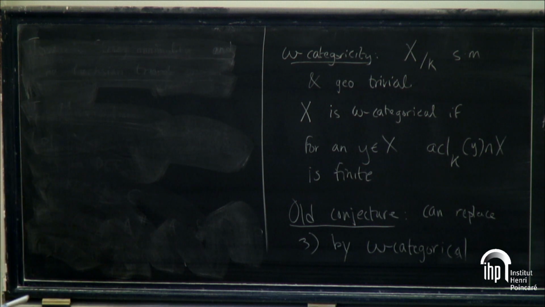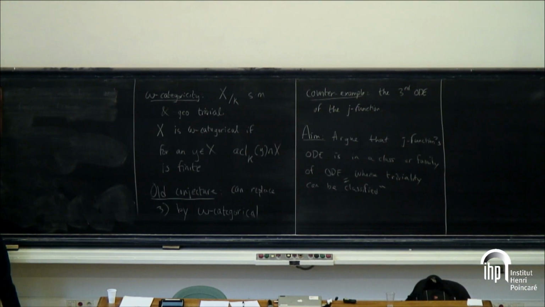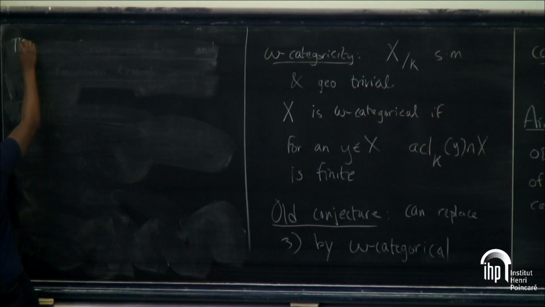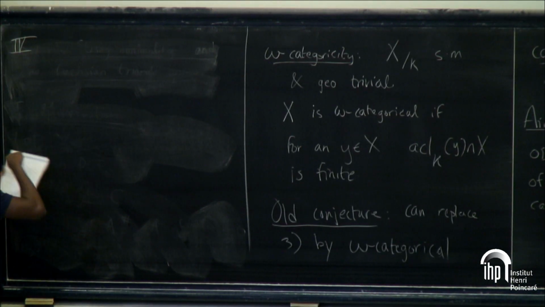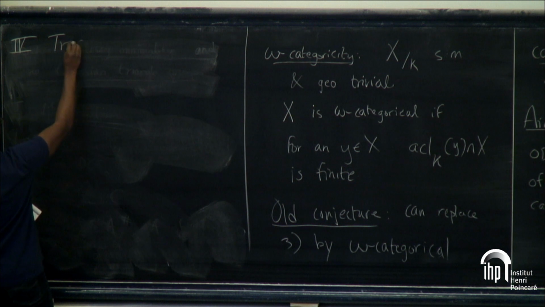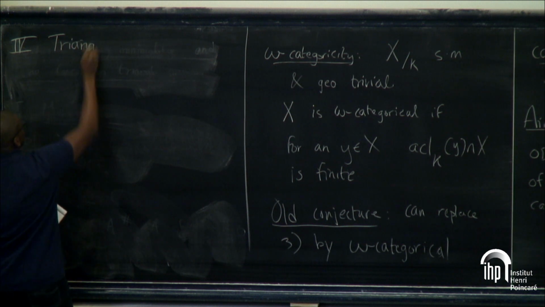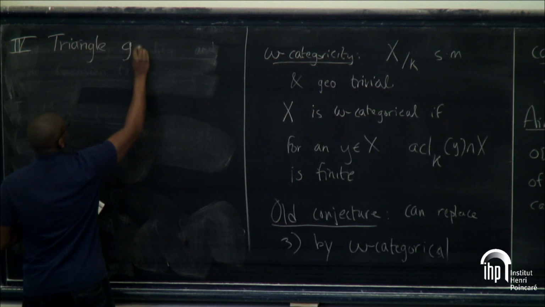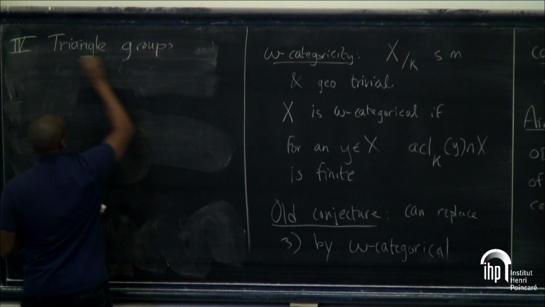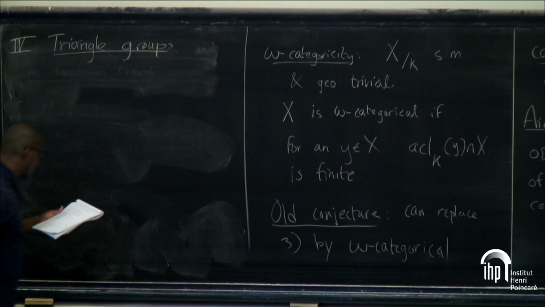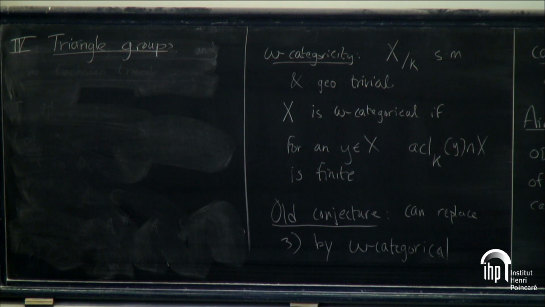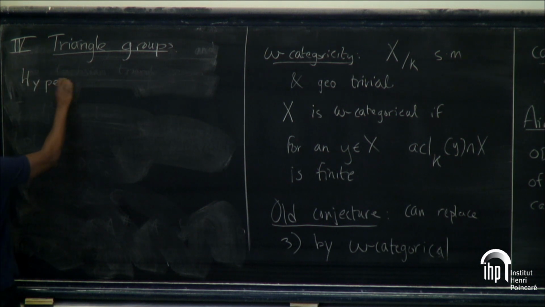All right, so now let's go about some results. So the third and the fourth and last part is about triangle groups. So here one wants to look at hyperbolic triangles.